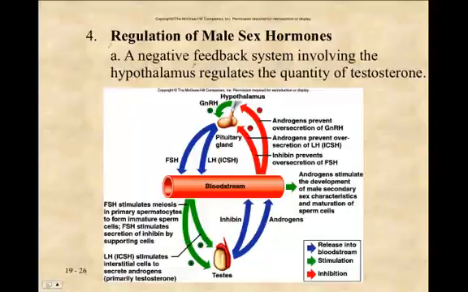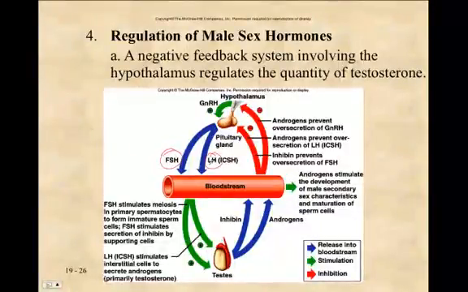So I'm going to go through this negative feedback mechanism for you here in this diagram. So here's the hypothalamus, and remember that the hypothalamus is going to secrete the gonadotropin-releasing hormone that will stimulate the anterior pituitary gland to release follicle-stimulating hormone and luteinizing hormone.